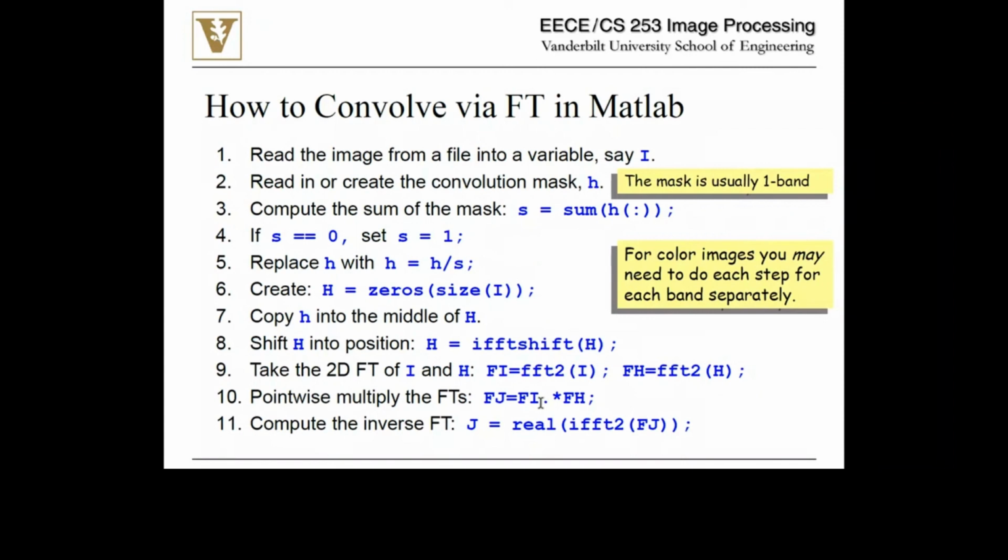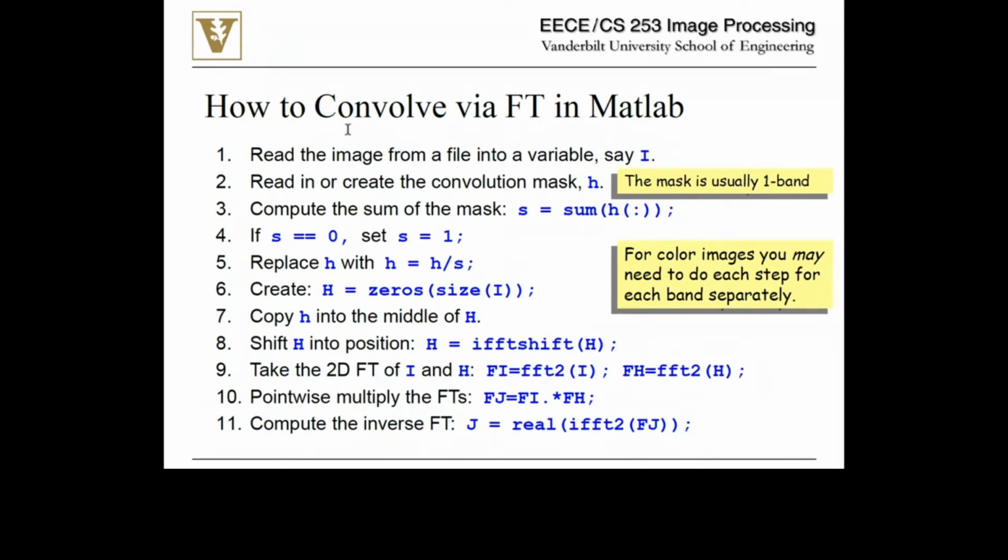In principle it should be a real image, but because of small numerical errors, you may need to take just the real part, because the imaginary part might be 10 to the minus 11. Those are very small numbers coming from numerical errors, but they shouldn't be there.